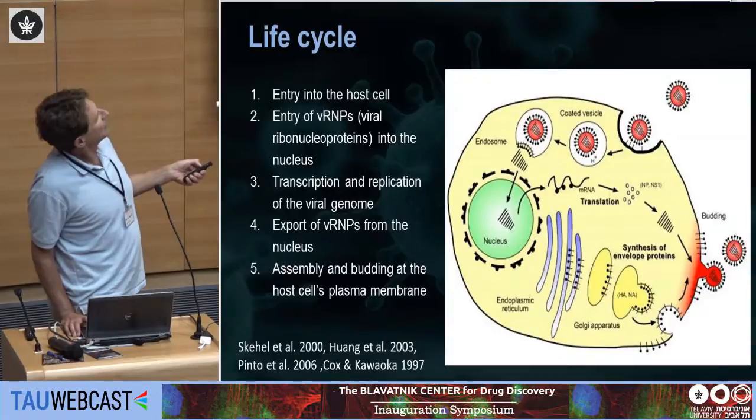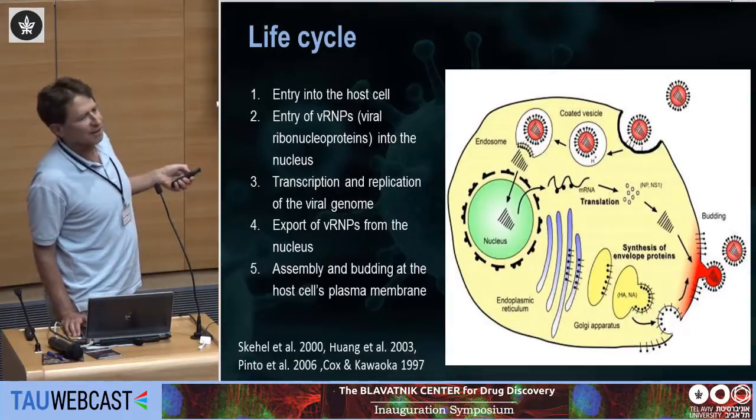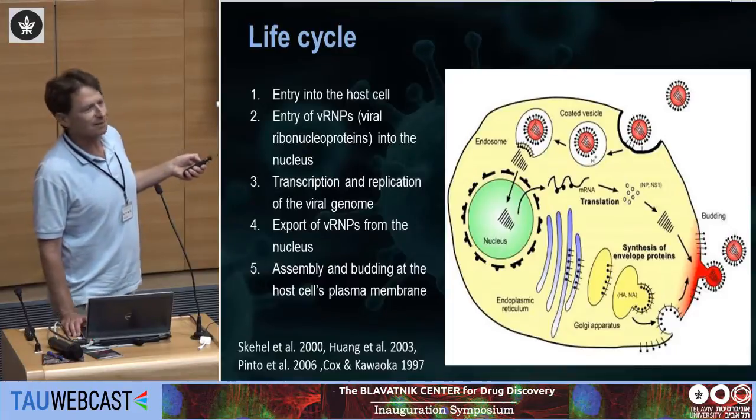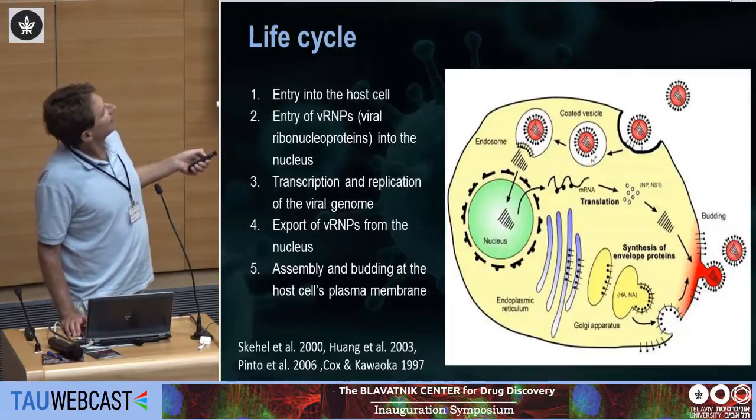So this is the virus, and that would be the host cell, and the event starts with the virus binding to a sialic acid receptor, and the hemagglutinin is involved in that.